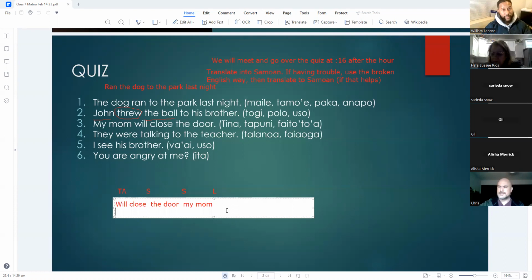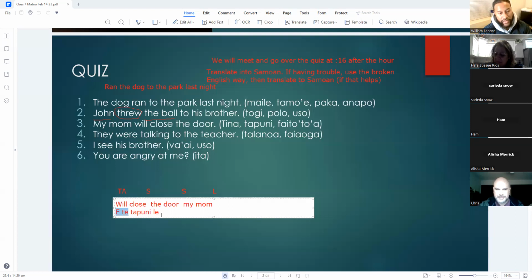So now let's say it in Samoan. I think I heard somebody start to say that one. Te tapuni lo utina le faitoa. Okay, say the first part. I heard everything was correct, but I didn't hear the first part. Te tapuni lo utina le faitoa. Okay, we haven't gone over this one yet, and this would mean you.